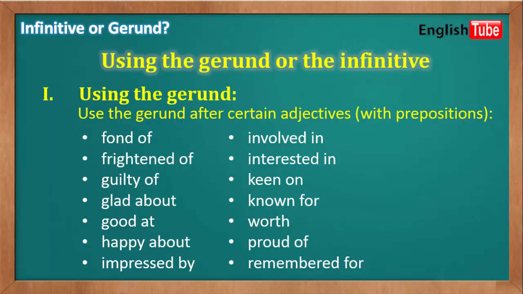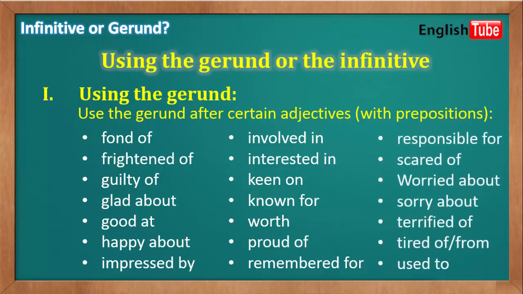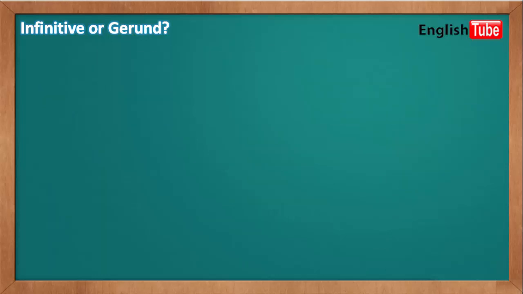We say this lesson is worth watching, right? Or worth studying. Proud of, remembered for, responsible for, scared of, worried about, sorry about, terrified of, tired of or from, and then use it to.